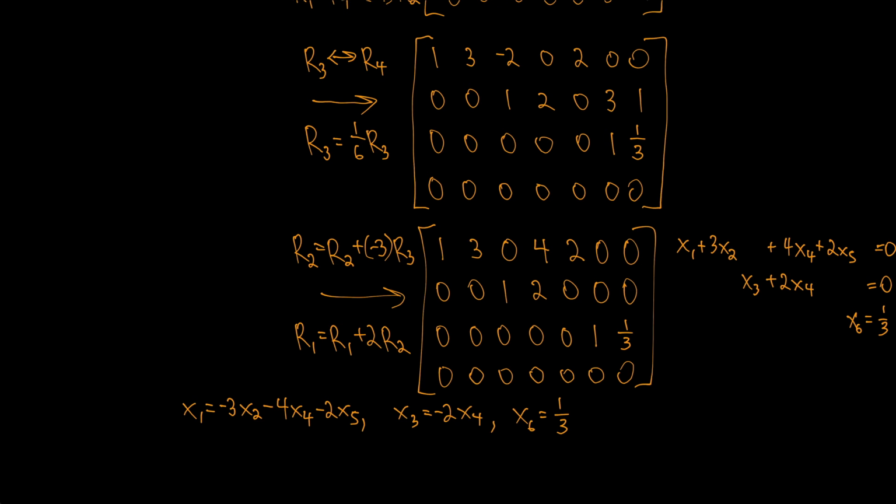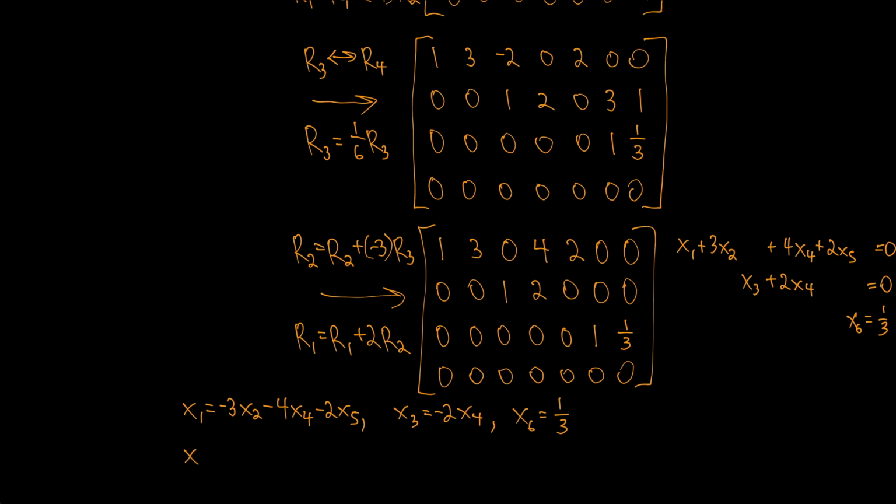I want to parameterize my free variables, which are all the ones that are not leading. So I'll make x2 equal to r, and then x4 equal to s, and then x5 equal to t.